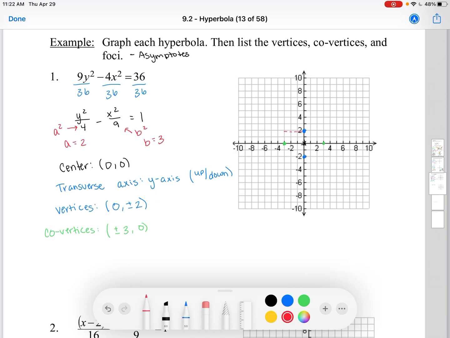So as soon as I have these values, I'm going to make my rectangle. Once I have my rectangle, I'm going to go ahead and label or graph in my asymptotes. Doesn't need to be perfect. All this is just going to tell you, again, how wide or narrow your graph, your hyperbolas are going to be.